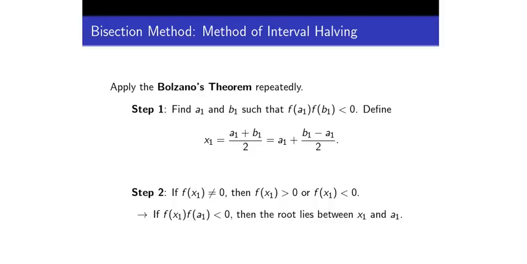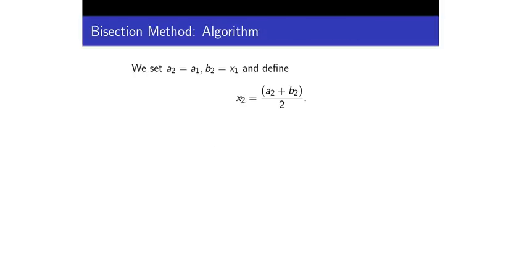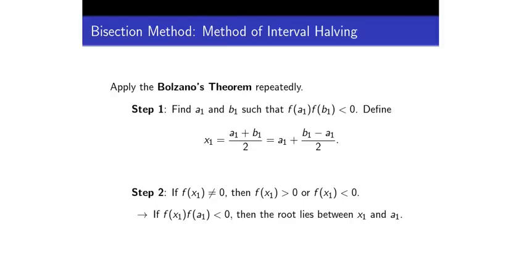So if f of x1 and f of a1 are of opposite sign, then the root lies between them. In this case you have the interval a1 to x1, because x1 lies on the right of a1. So what you will do is set a2 equals a1 and b2 equals x1.